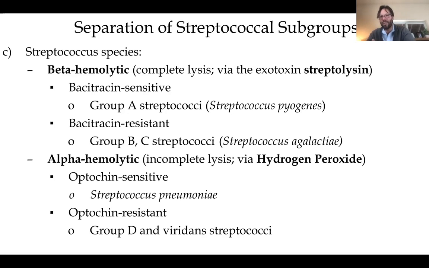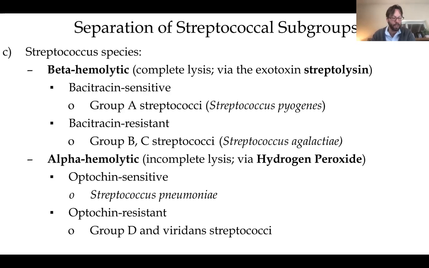What is governing that is the different toxins that a particular species has. With beta hemolytic, you have an exotoxin called streptolysin. Strepto because it's streptococcal, and lysin because it lyses the blood cells.